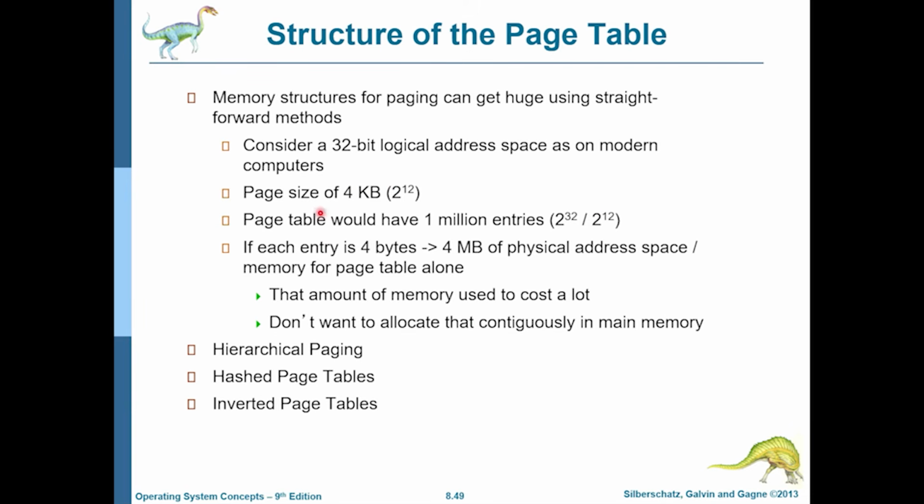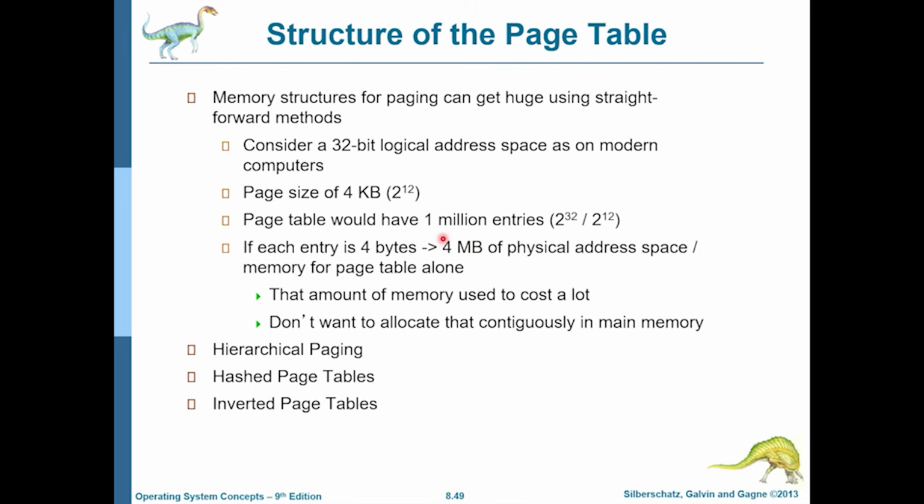Now, if each of those entries takes 4 bytes, as in each entry would store the frame number, the different valid, read, write, execute bits, and a bunch of other things. And in real hardware and operating systems, the page table entries can actually be 4 bytes each. Then if you take this number and multiply that by 4, you get 4 megabytes.